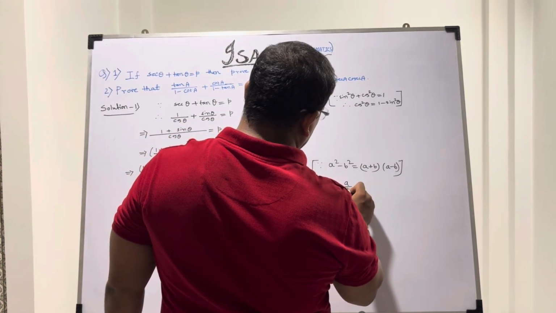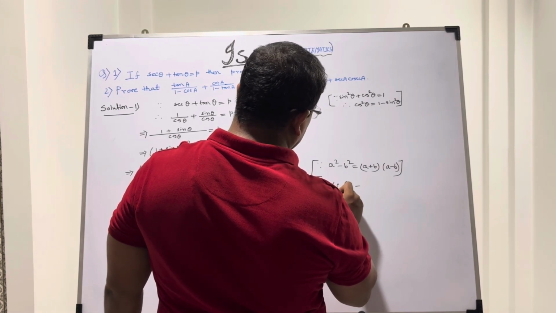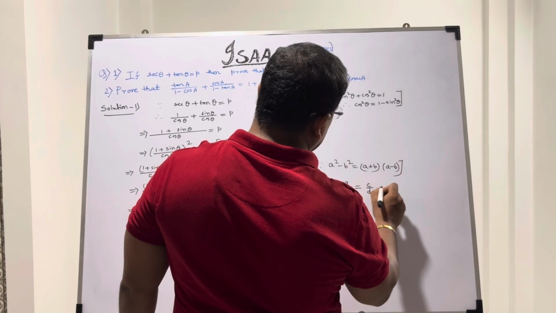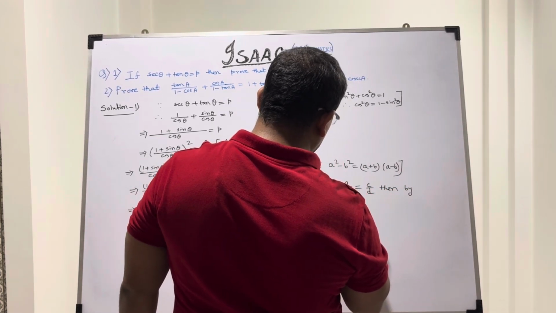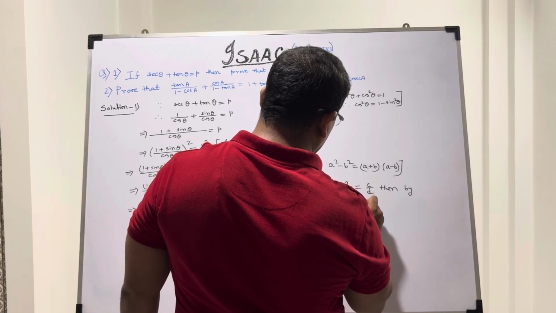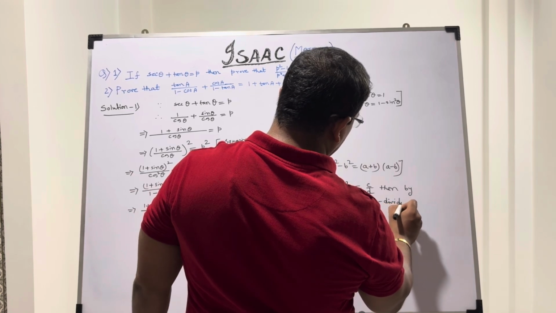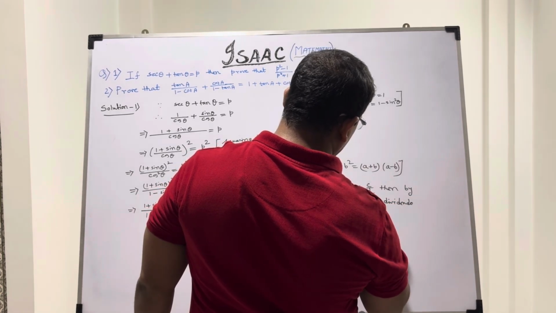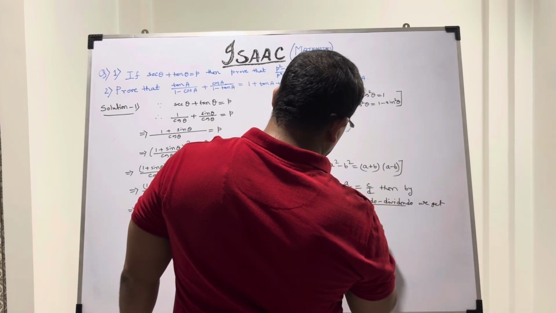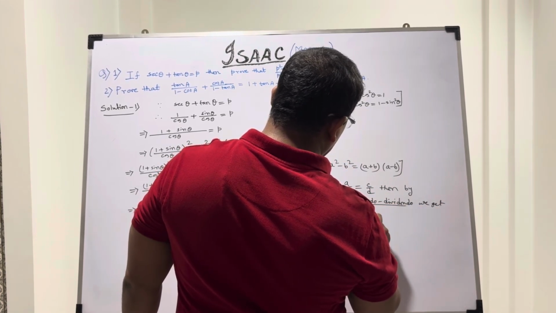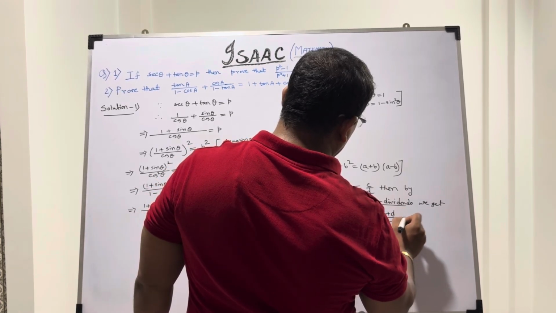If a by b equals c by d, then by componendo dividendo we get (a plus b) divided by (a minus b) equals (c plus d) divided by (c minus d).